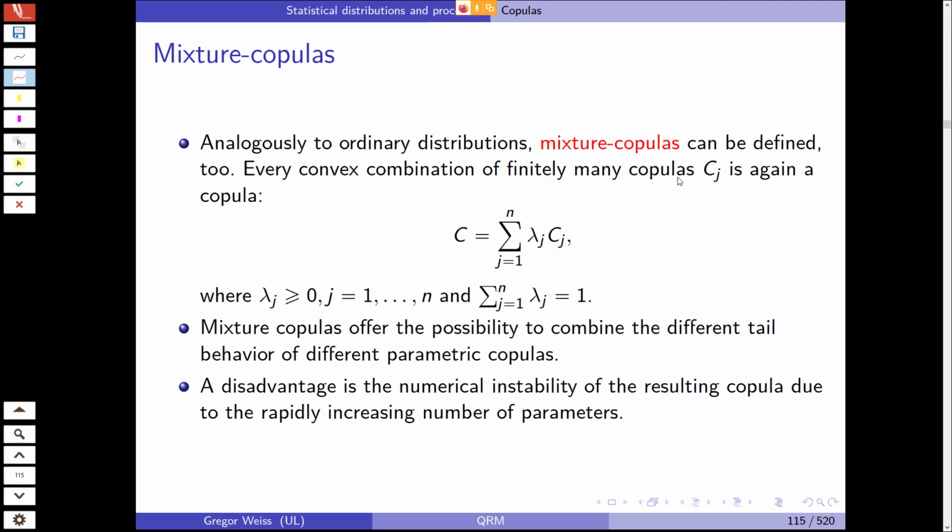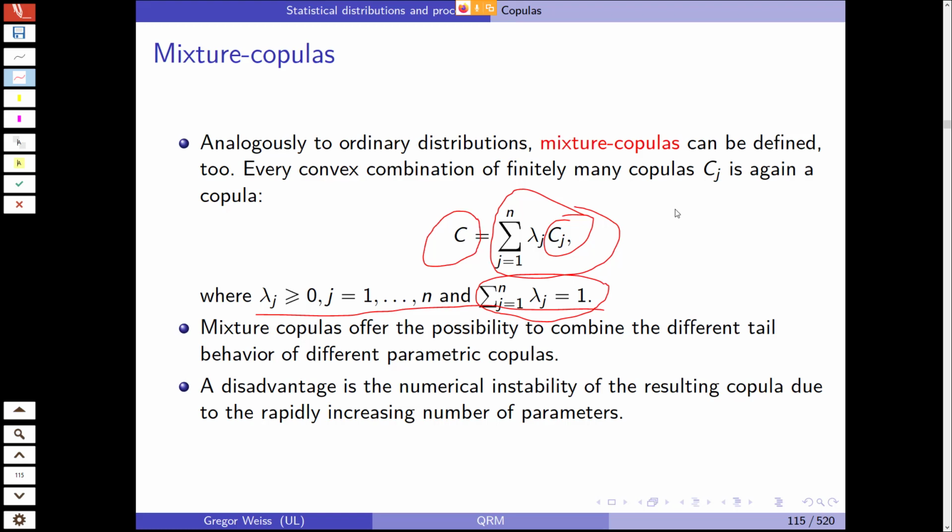Finally, just as with any distribution, you can also come up with what we call mixture distributions and mixture copulas. In statistics, you can easily show that a convex combination, the sum of weighted distributions Cj, where the weights are all non-negative and add up to 1, is a convex combination. A convex combination of distributions is called a mixture distribution, and it is, again, a distribution function.